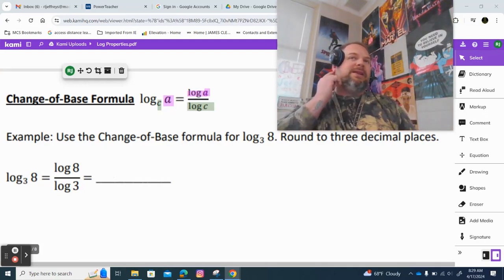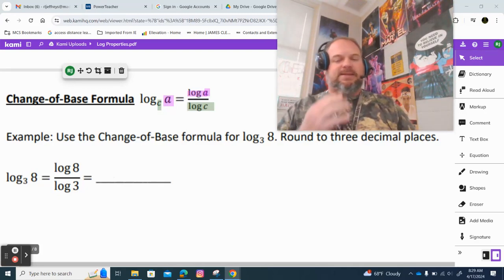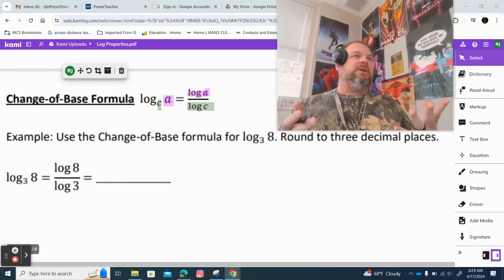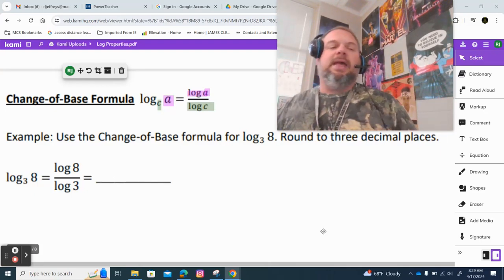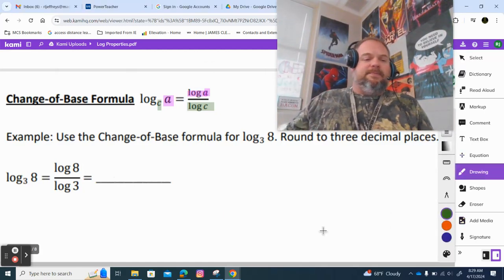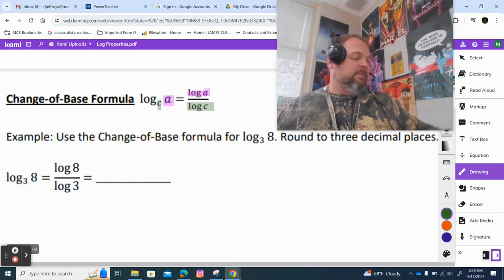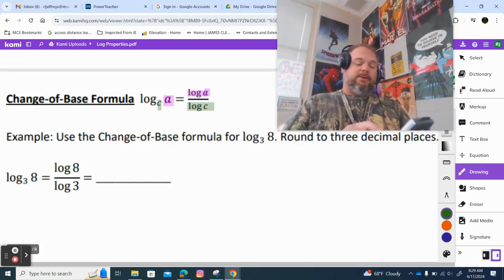Remember, when it's not written with the little number right there, it's understood to be base 10 because that's how we normally operate. Base 10 is 0 through 9. That's because we have 10 numbers. Okay. What we're doing is you put the log of the big number on top, log of the little number on bottom. Well, let's see, that's super duper crazy hard.